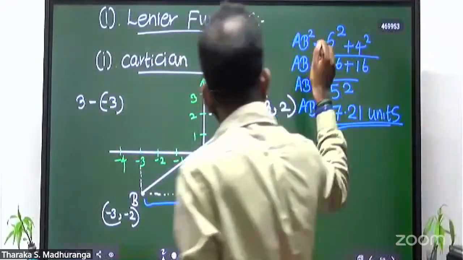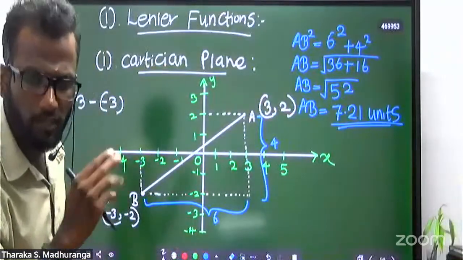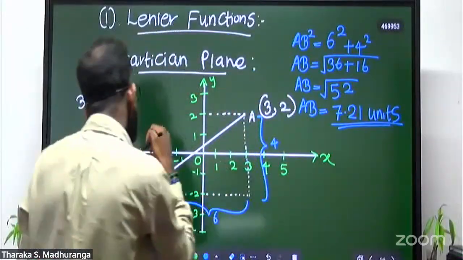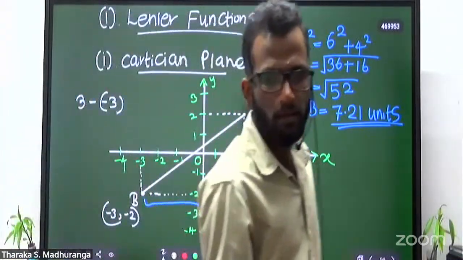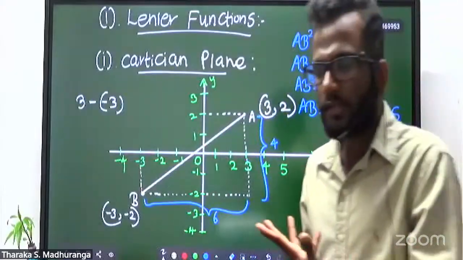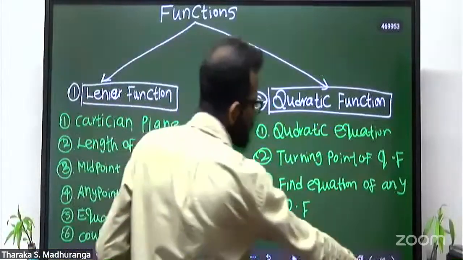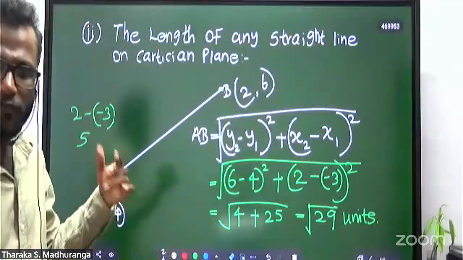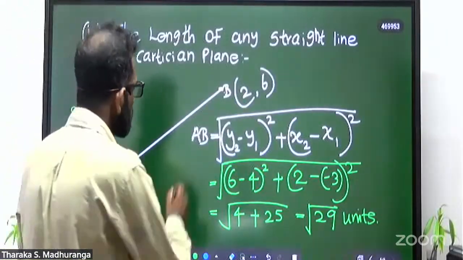Using this method, we got this second equation. Then 2 minus minus 2 is 4 squared. Then you can see this equation we can use to find the length of any straight line.